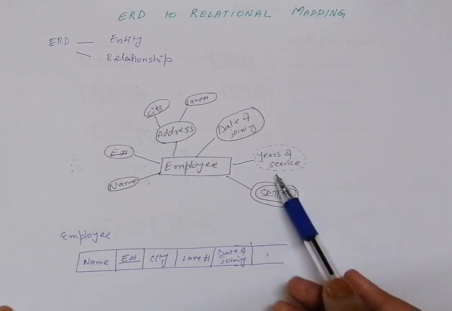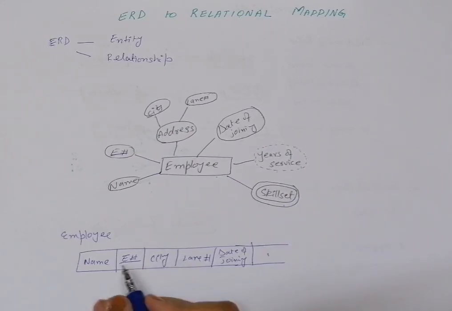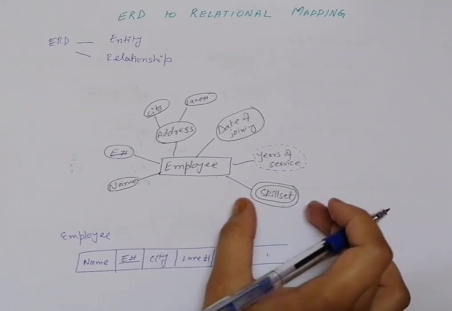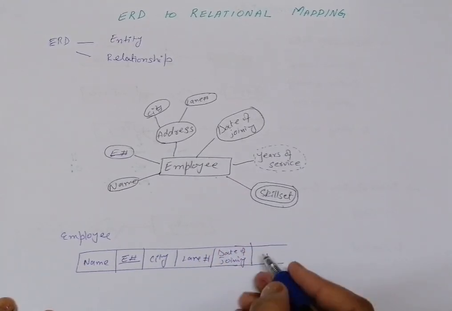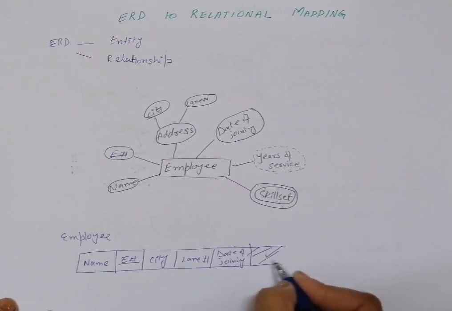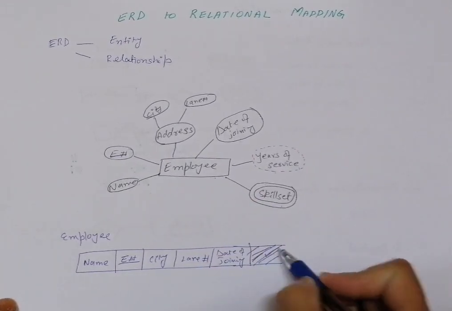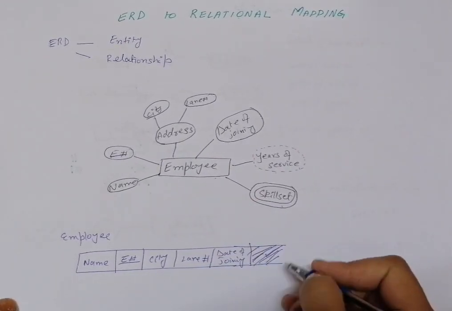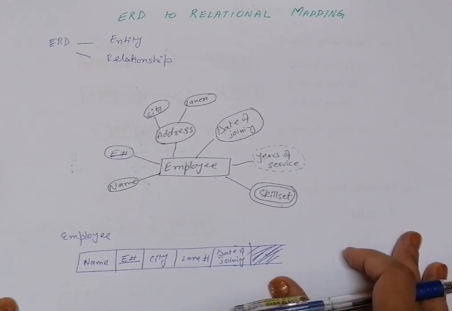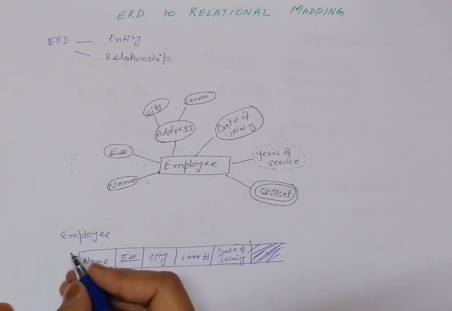When we have this type of attribute, we split it into another table. So this relation will end here, and skill set will become part of another new table. We will create a new table with the title skill set.